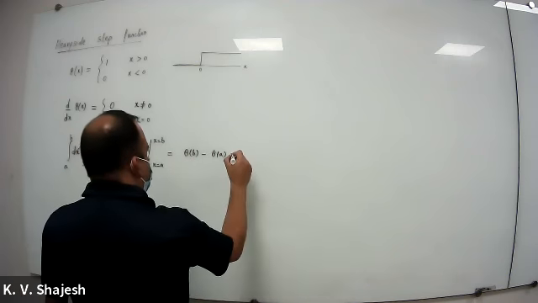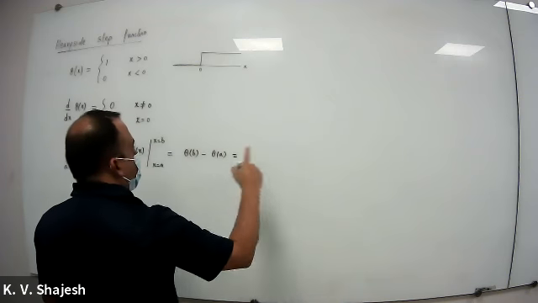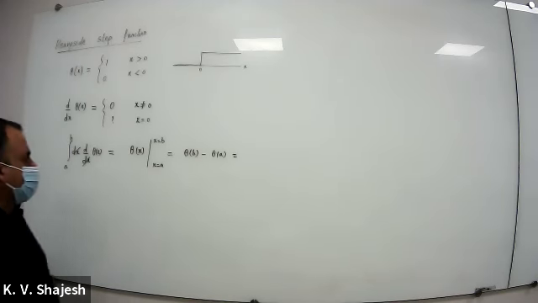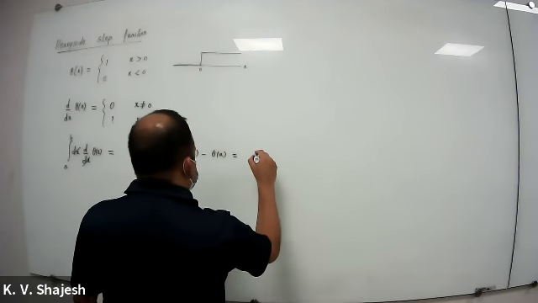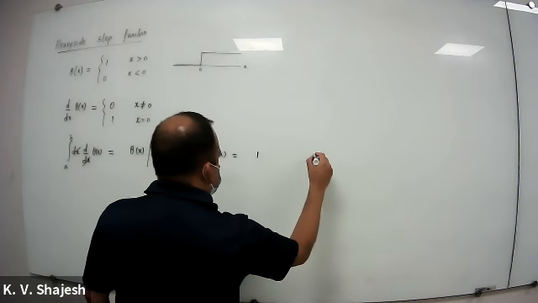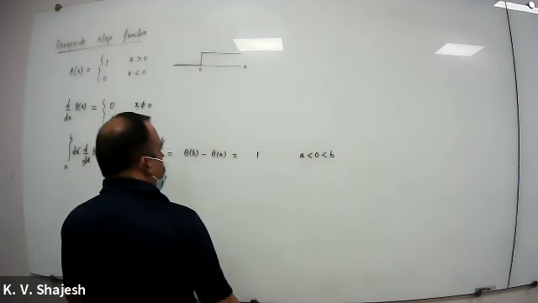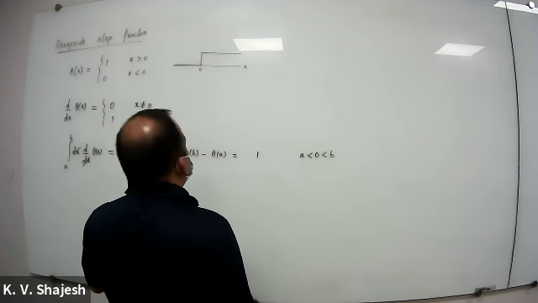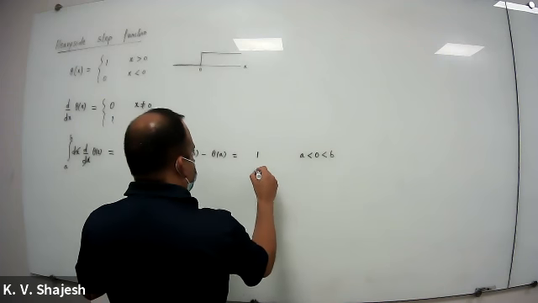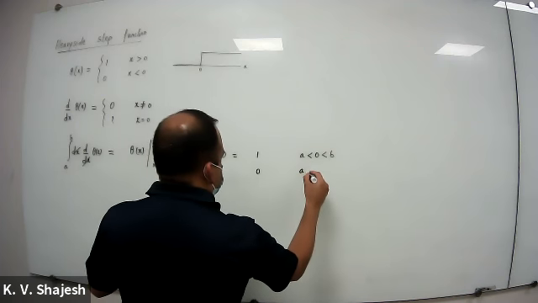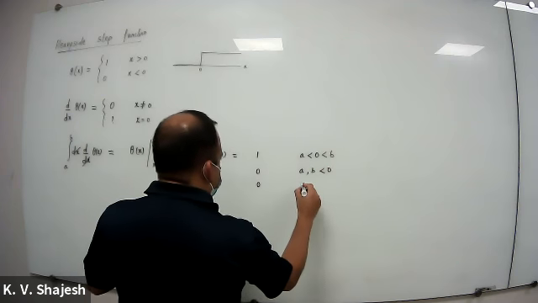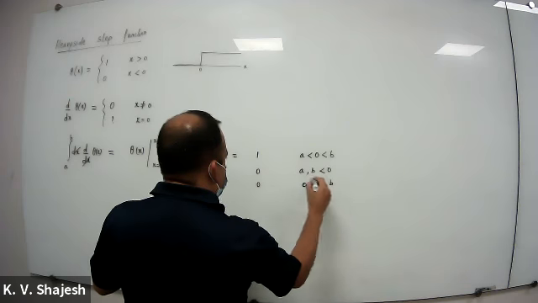which is equal to 1 if b is greater than 0 and a is less than 0. If both are less than 0, it is 0, and it is also 0 if both are greater than 0.